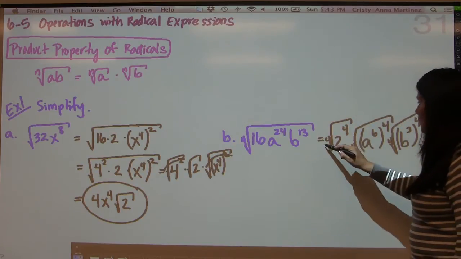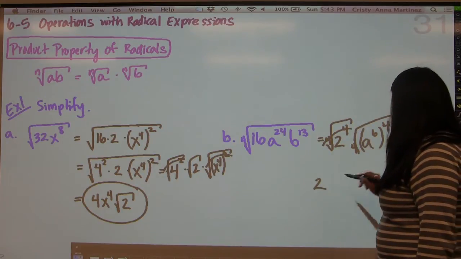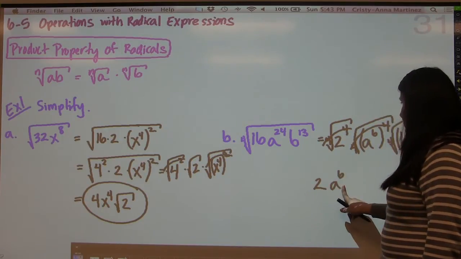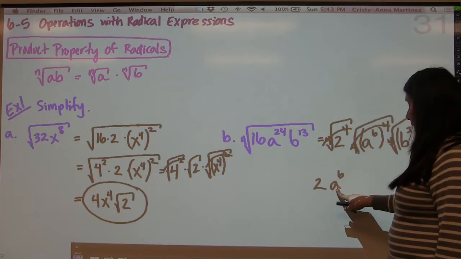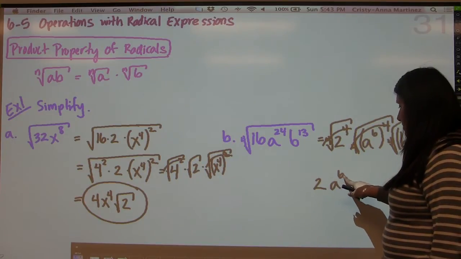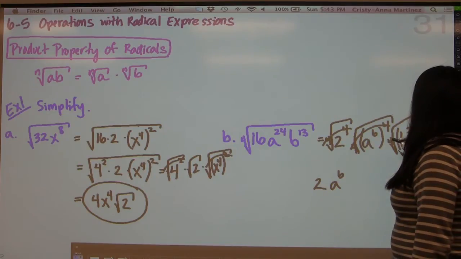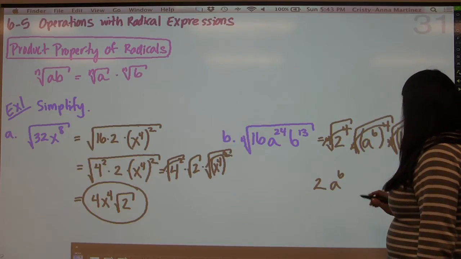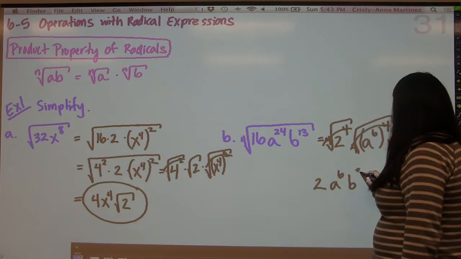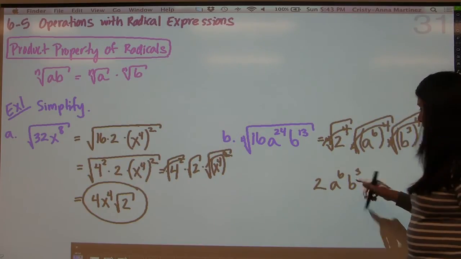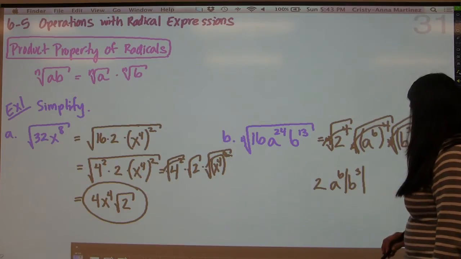These little guys cancel, so you get 2. This little guy cancels, you get a to the 6th. And because a to the 6th is an even exponent, it will always be positive, so you don't have to worry about absolute value bars. Then this cancels, and that's going to be b cubed. But in this case, b cubed could potentially be negative, so you want to put it in absolute value bars.